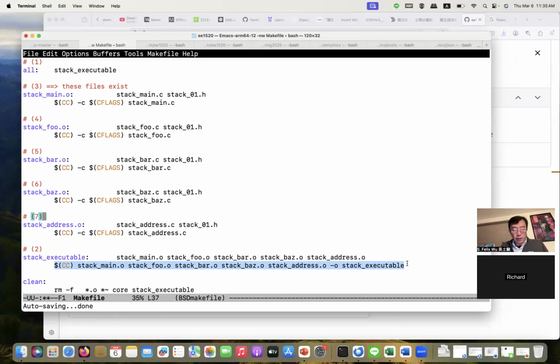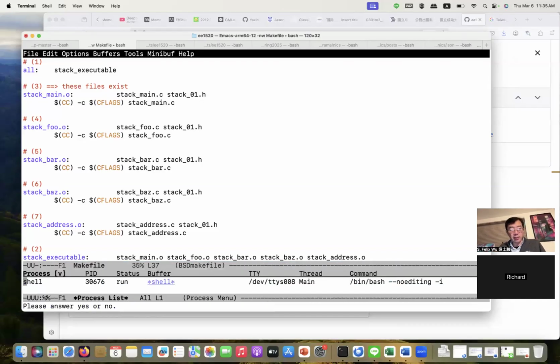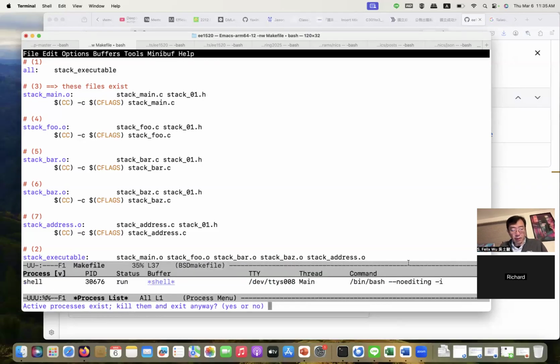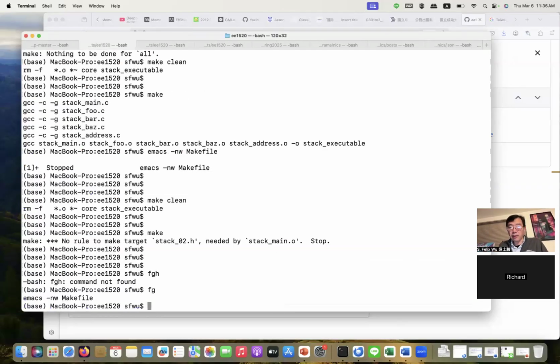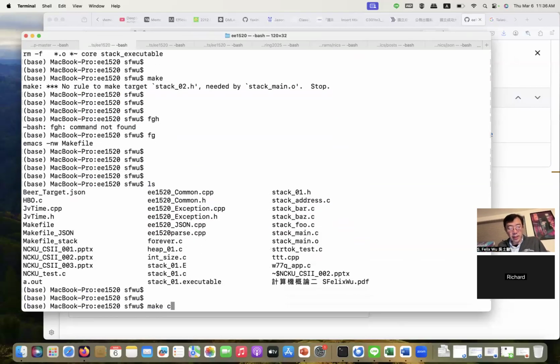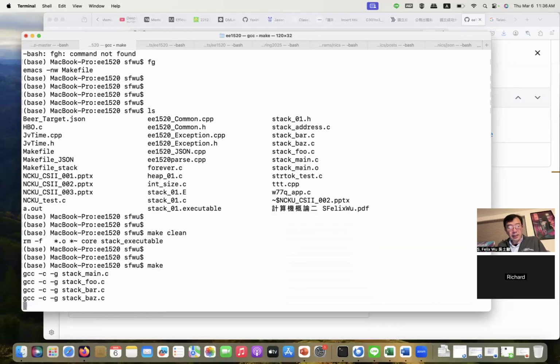Okay, so let's actually see how it really runs. Okay, kill it. Now what I want to do is make clean, then make.